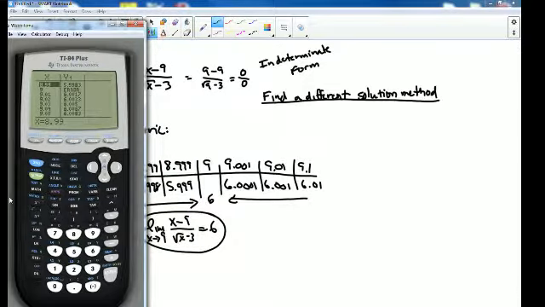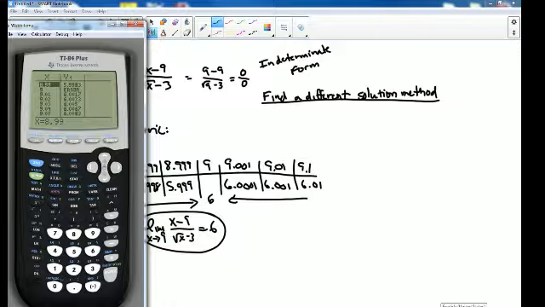Your book does not put the tables in this format, and it drives me crazy because it's not as neat. It doesn't show you the left and right aspect of it. The table in your book, they do it vertically.